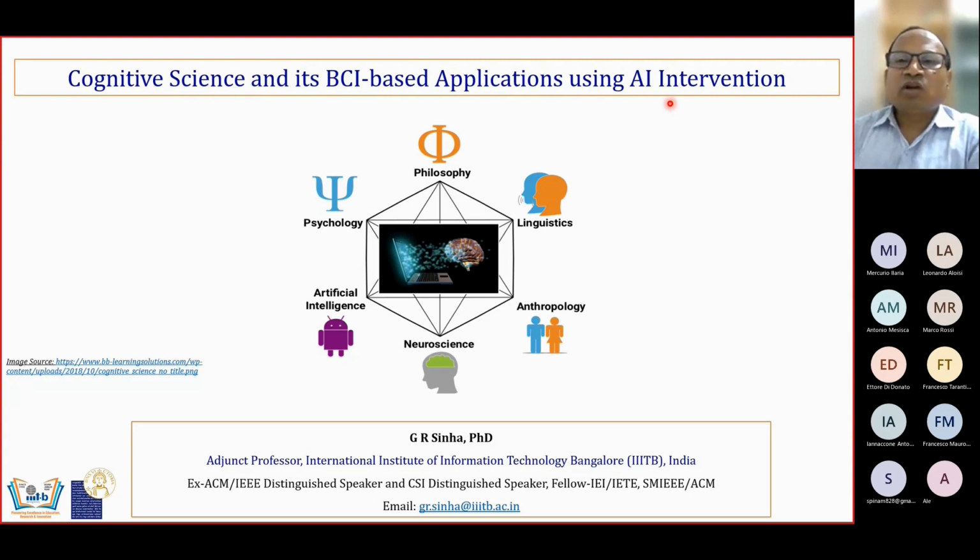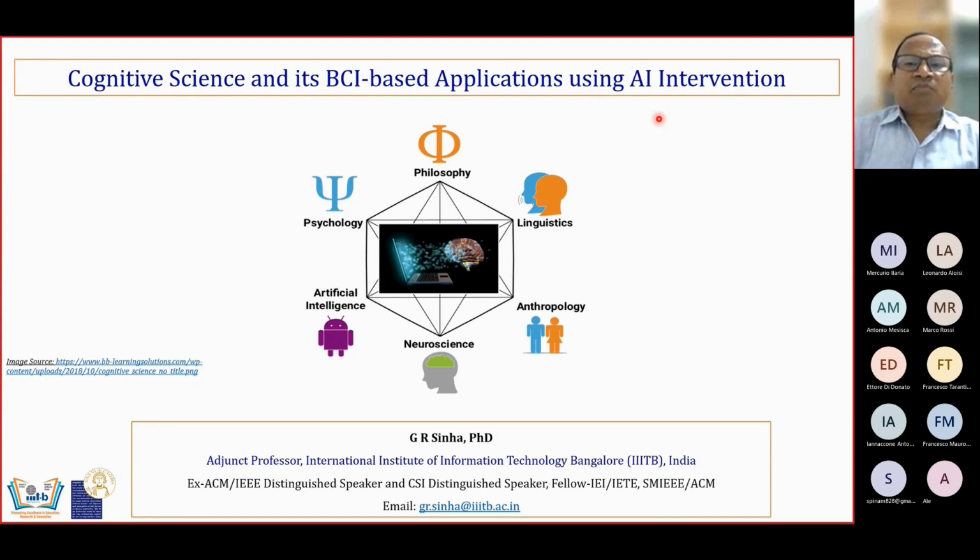Of course, there is the role of intelligent computing. I think you all would agree that artificial intelligence is nothing but the intelligence acquired by a computer, acquired by a machine. So when we say artificial intelligence, intelligent computing, smart understanding and smart interpretation are automatically involved.